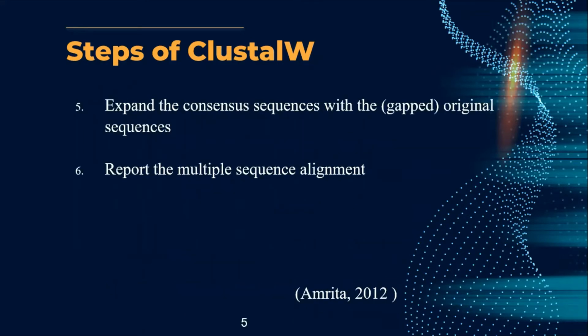Moving on to the next step, step 5, what happens in this step is that it would expand the consensus sequences with the gapped or original sequences, and then it would report the multiple sequence alignment.